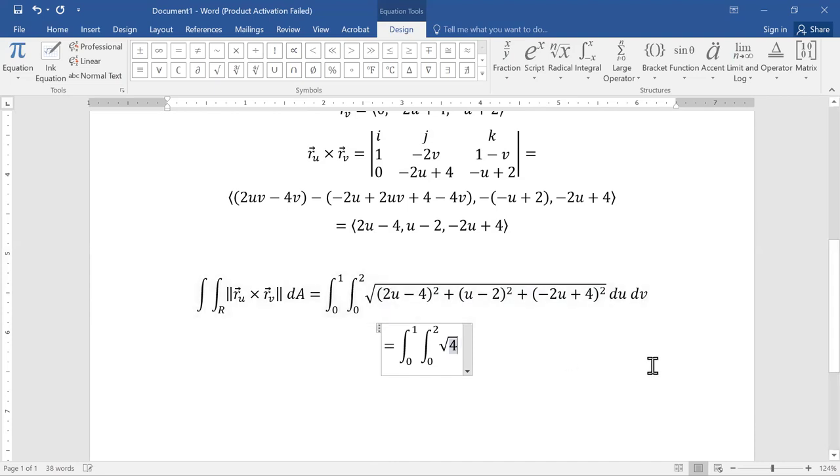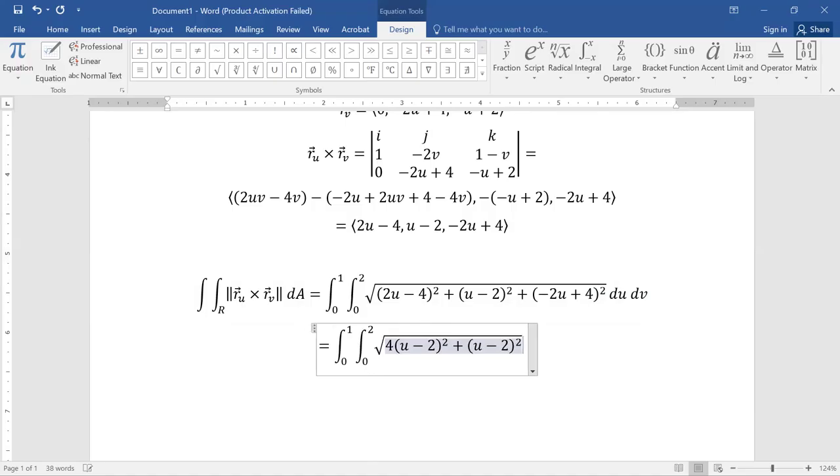I get 4 times u minus 2 quantity squared plus another u minus 2 quantity squared. I can also factor out a negative 2 here, square it, I'll get plus 4 times u minus 2 quantity squared.